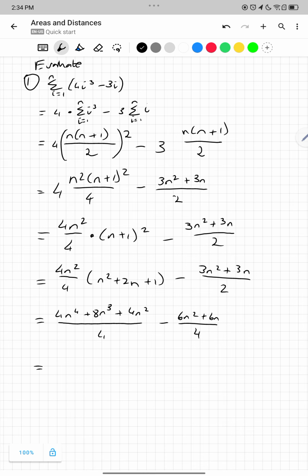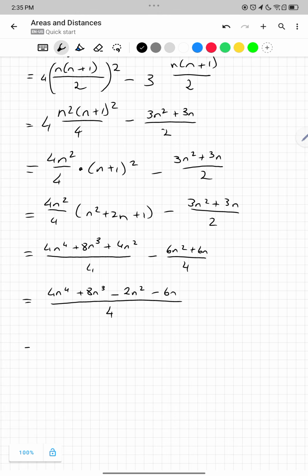So we are going to have 4n to the fourth plus 8n to the third minus 2n squared, minus 6n over 4.